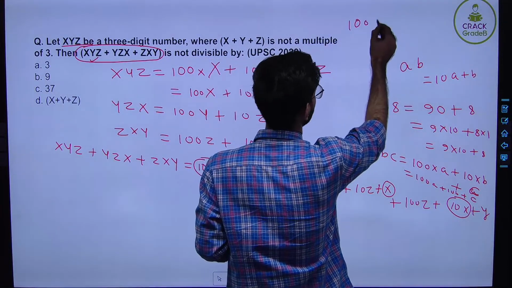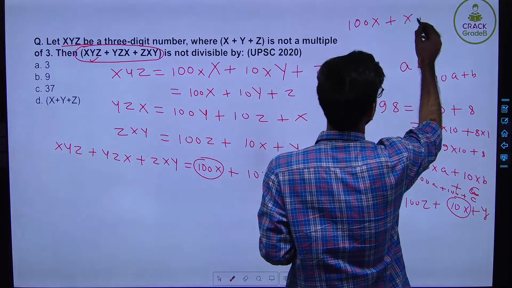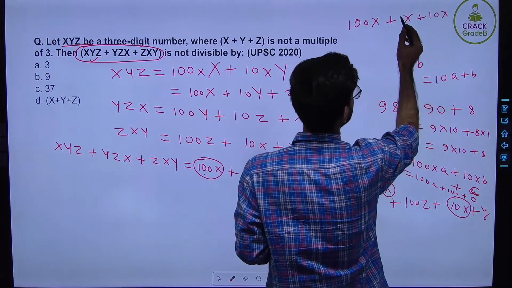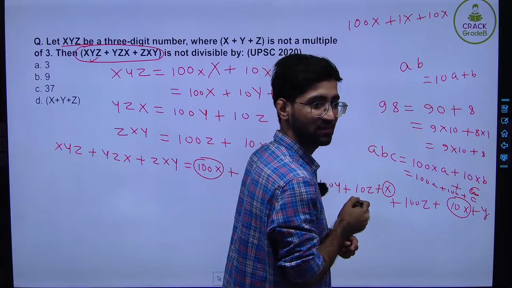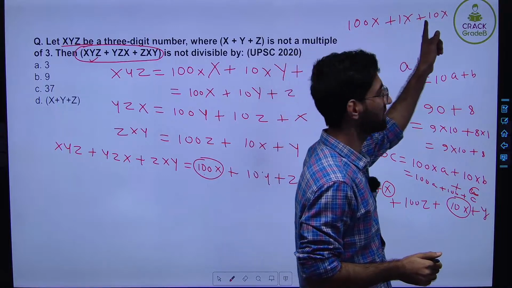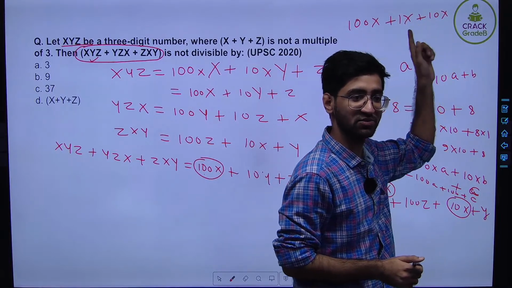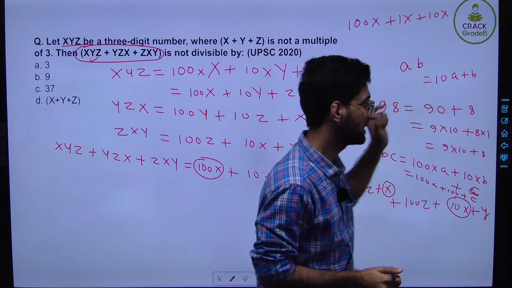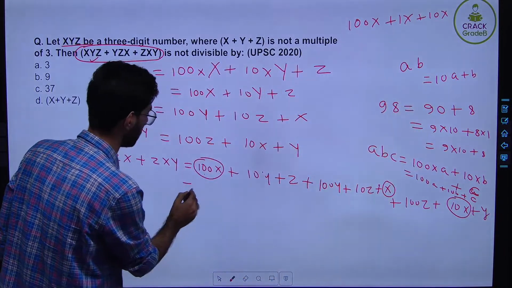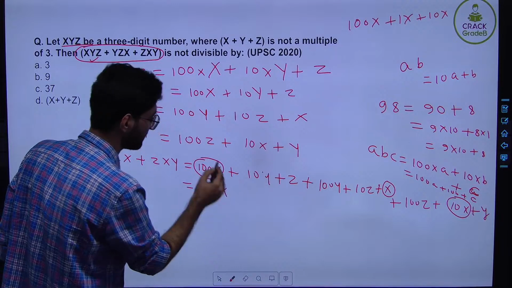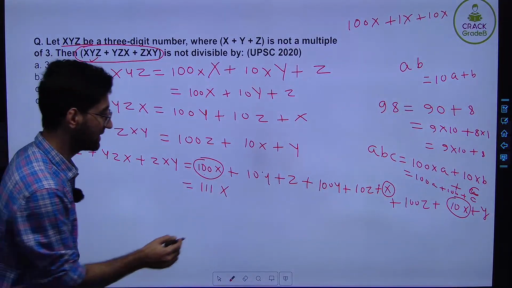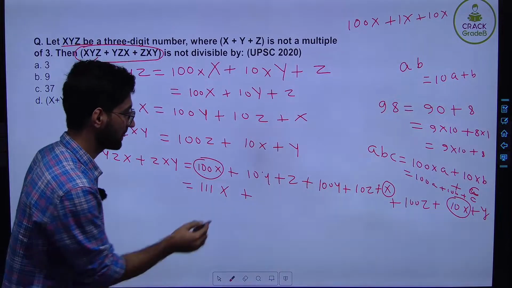If this is X, it means 1X. So 100 plus 1 is 101, plus 10 is 111, right? So this value is equal to 111X, right?